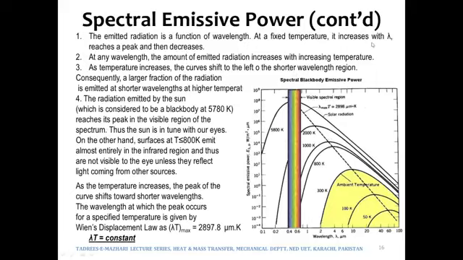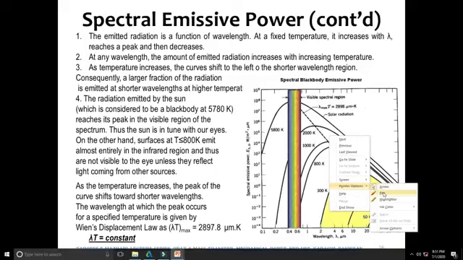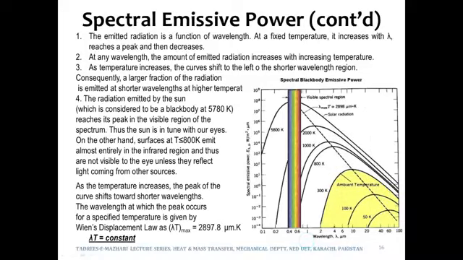At a fixed temperature, it increases with an increase in lambda, reaches a particular peak, and then it starts decreasing. At any wavelength, the amount of emitted radiation increases with the increasing temperature. At any wavelength, let's say for example at 4 micrometers, if we are having a temperature of 300, then this would be the spectral emissive power.